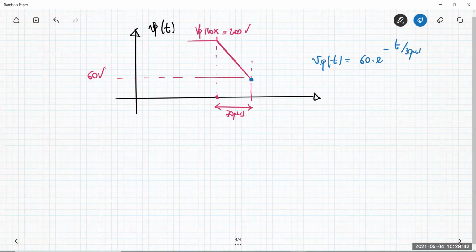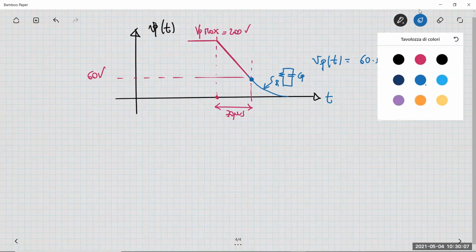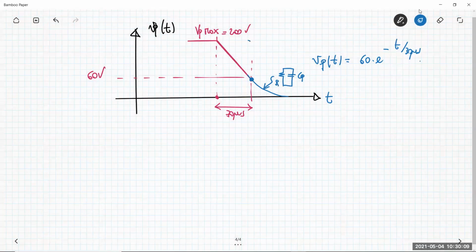From this point on, we have this exponential variation, which is something like this. So here we have these circuits. In this phase, we have the boost.